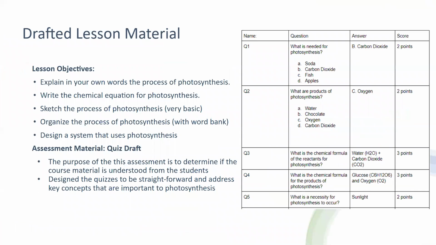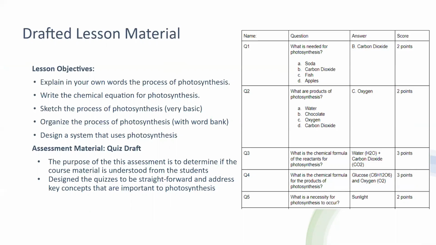So this is more drafted material. We decided to use lesson objectives so that the educators know what skills the students should have, or what the students should be able to do, by the end of the module. And then by the end of the module, hopefully we will give them assessment material, and this assessment material is in a quiz format.